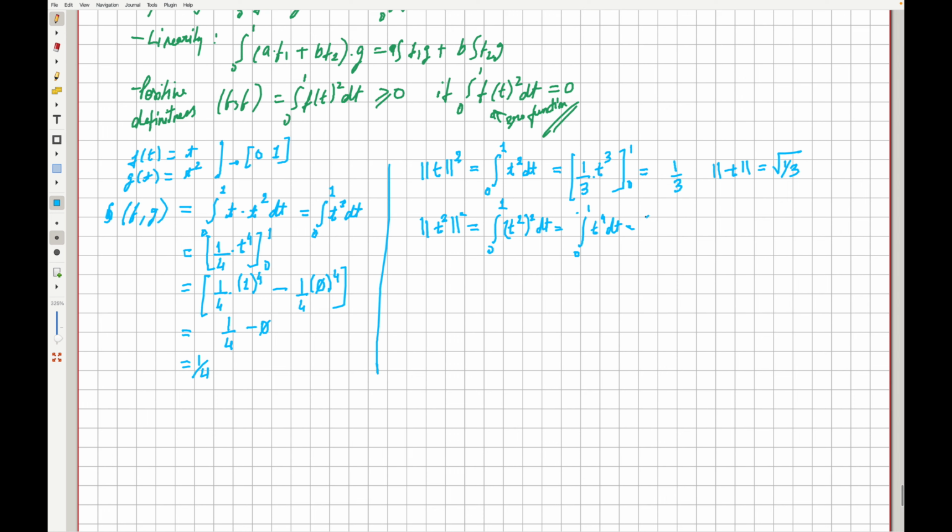And if we evaluate that integral, we would have 1 by 5 times t raised to the power 5, that goes from 0 to 1, and so that would be just 1 by 5. And if we now try to get the magnitude, it would be simply square root of 1 by 5.